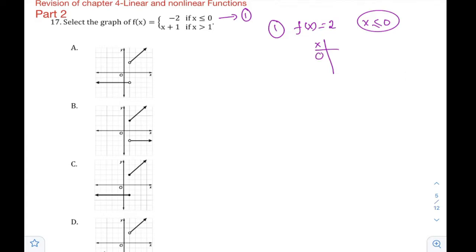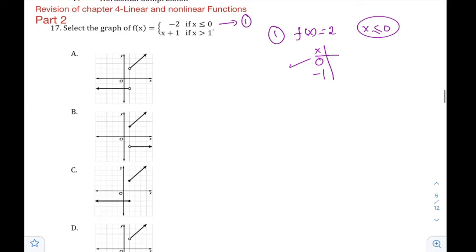You will start by the 0 itself, and we know that 0 is included, which means we will close the circle. There is no x to replace, so y will always be equal to 2. That means it will be a horizontal line passing through y equals 2, starting from x equals 0.